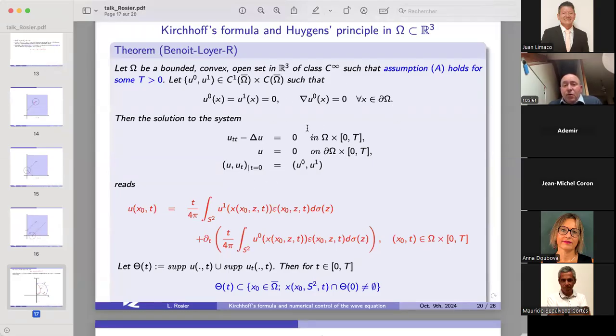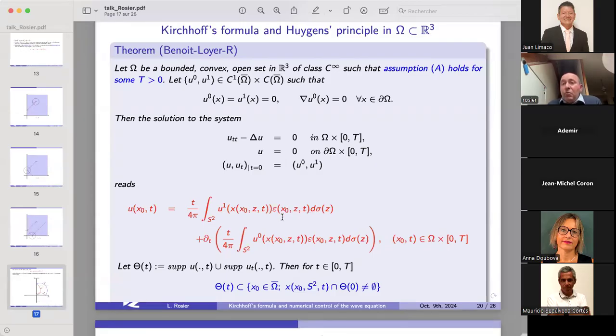Then the solution of the wave equation with a homogeneous Dirichlet boundary condition is given this way. You recognize the two terms. We integrate again along the wavefront, because X(x0, z, t) describes the wavefront issuing from x0 at time t, and we have again the function epsilon.